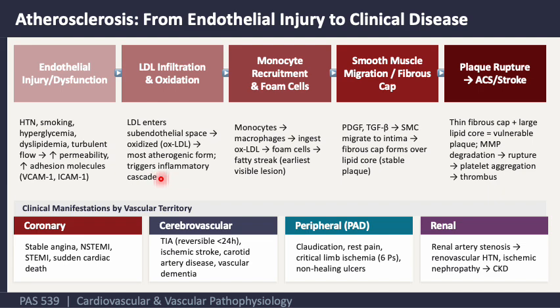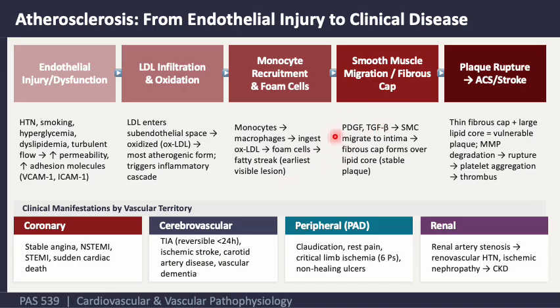These form what are known as foam cells, which are monocytes and phagocytes that have ingested the oxidized LDL. These can lead to fatty streaks in the vessel, and that's usually the earliest visible lesion.